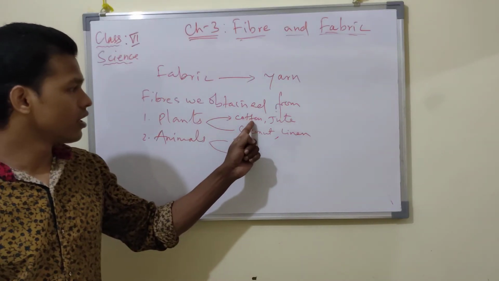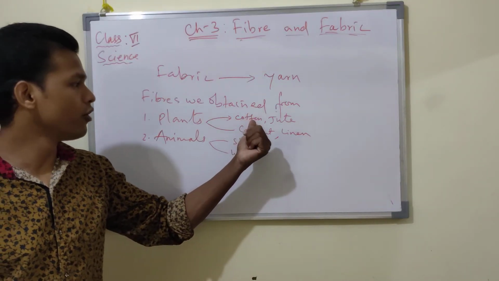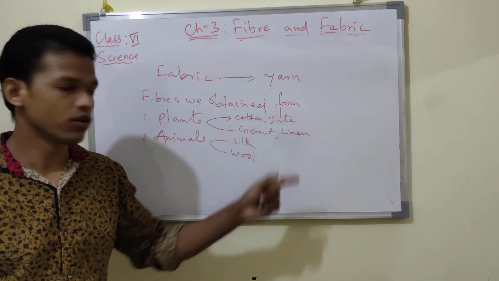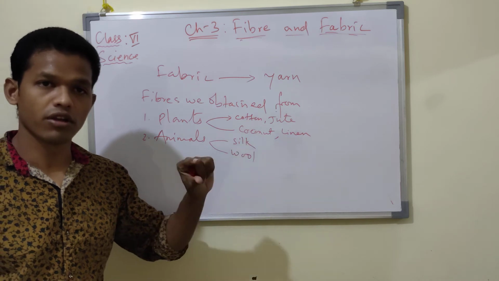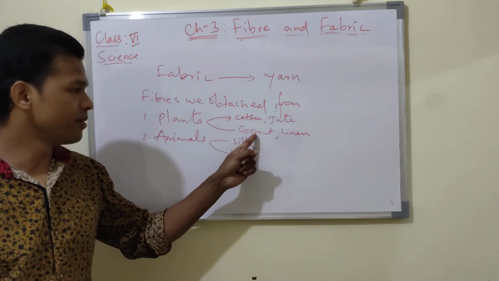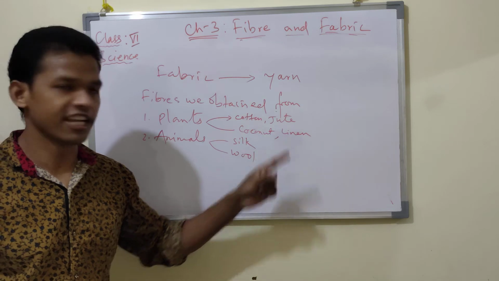Cotton we get from the cotton plant or jute plant. Coconut, the dry shell of the coconut, can be made into ropes and some carpets. Linen as well.